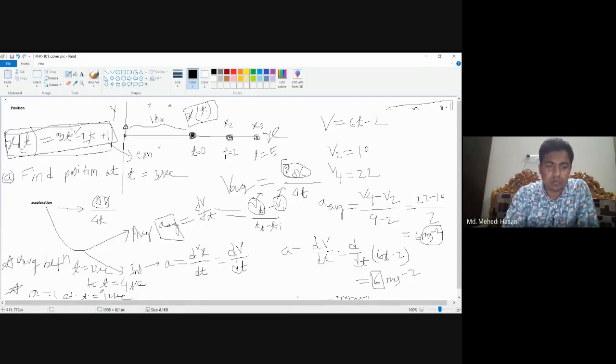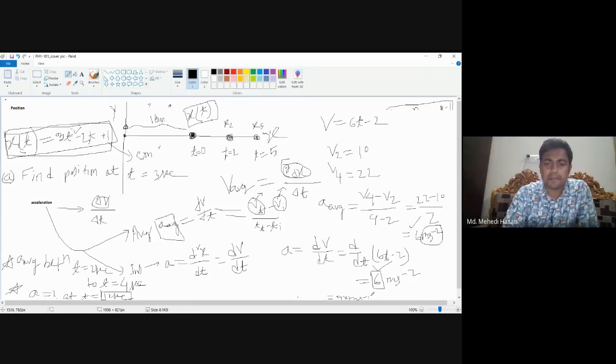So how can we put t equal to 10 seconds? If the answer is constant in case of instantaneous acceleration, then we can say the acceleration is constant throughout the motion. So it's constant at t equal to 1 second, 2 second, 3 second, 100 second, or 12 second, or 10 second. That's why the average acceleration is 6 and instantaneous acceleration is also 6.